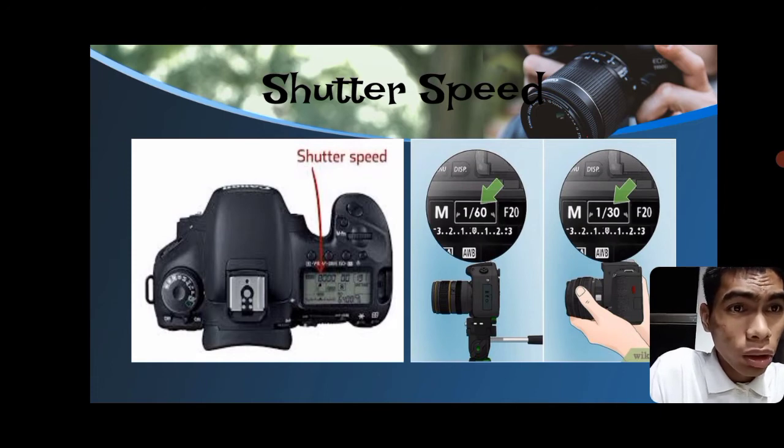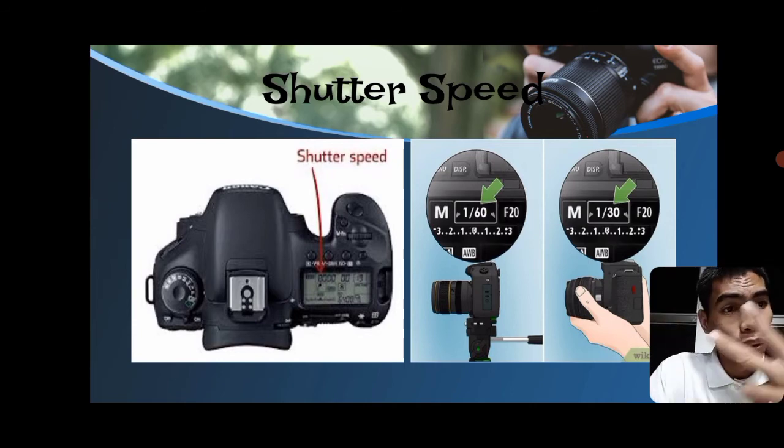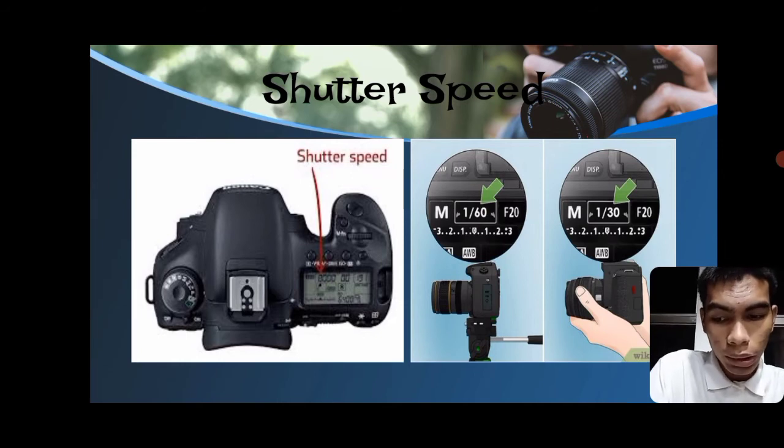Example: 1 over 1, 1 over 2, 1 over 4, 1 over 8, 1 over 15, 1 over 30, 1 over 60, 1 over 125, 1 over 250, 1 over 500, and etc. The speed number on the left is always two times more powerful in terms of light gathering than the right number.